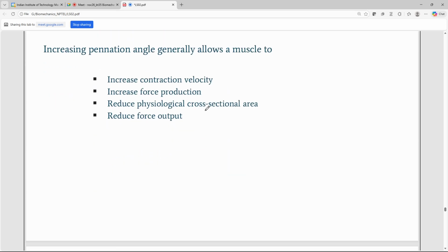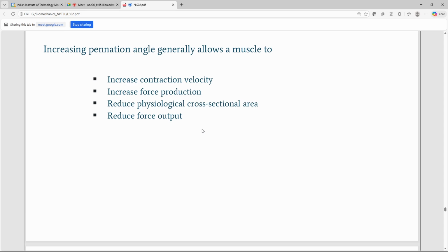Moving on to the next question. Increasing pennation angle generally allows a muscle to do which of the following? Options are increase contraction velocity, increase force production, reduce physiological cross-sectional area, reduce force output.